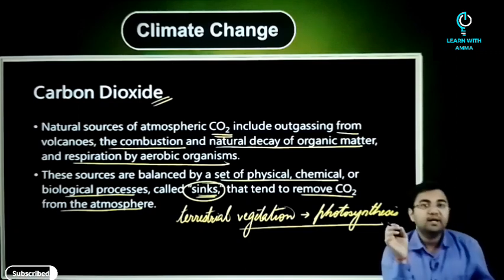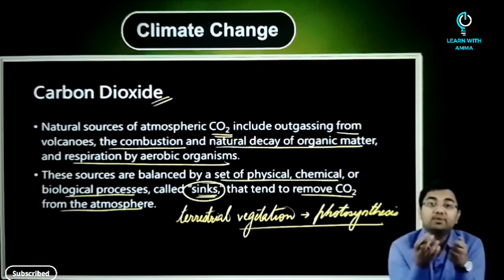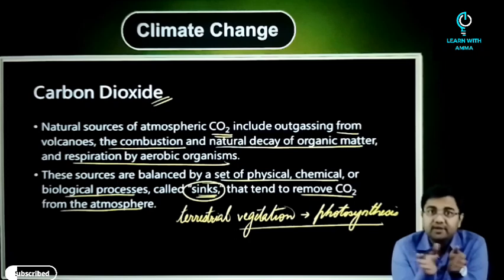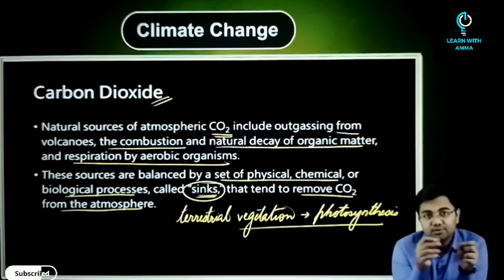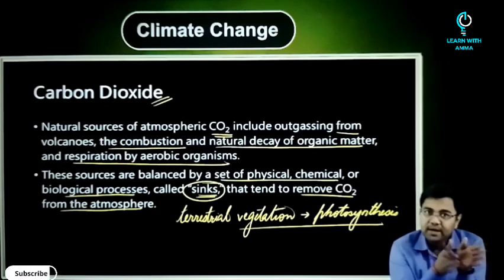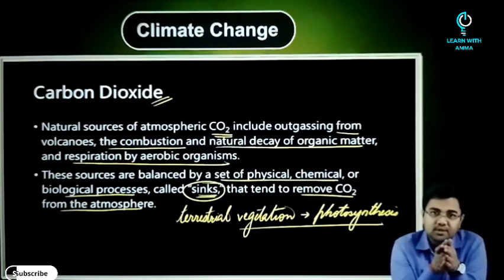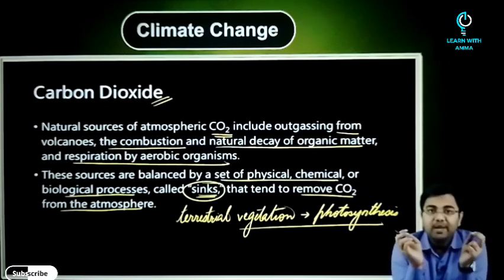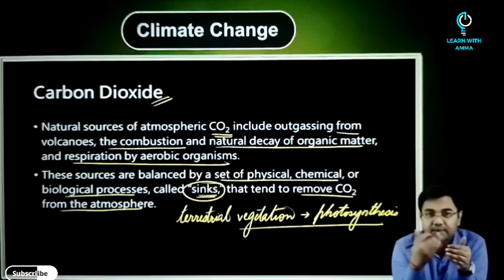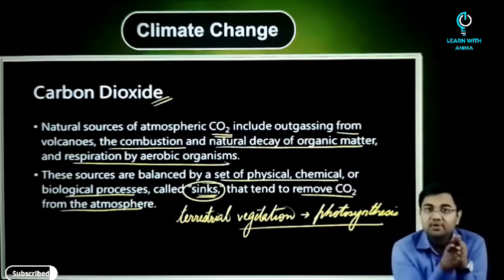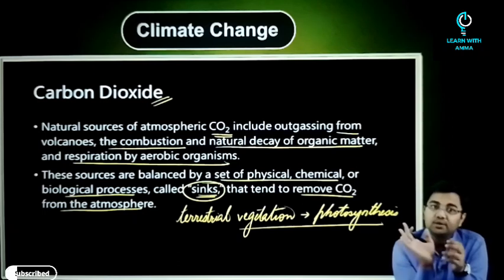The problem arises when we talk about human activities, because in the natural carbon cycle, you know that carbon is transported in various forms through the atmosphere, through water and other geological formations. So one primary pathway for the exchange of carbon dioxide takes place between the atmosphere and the oceans.